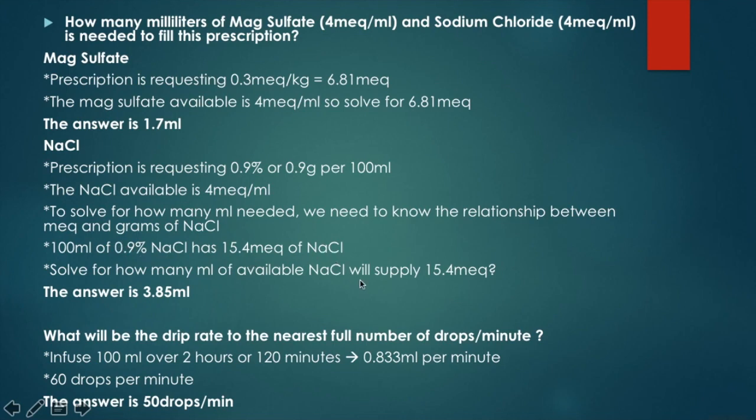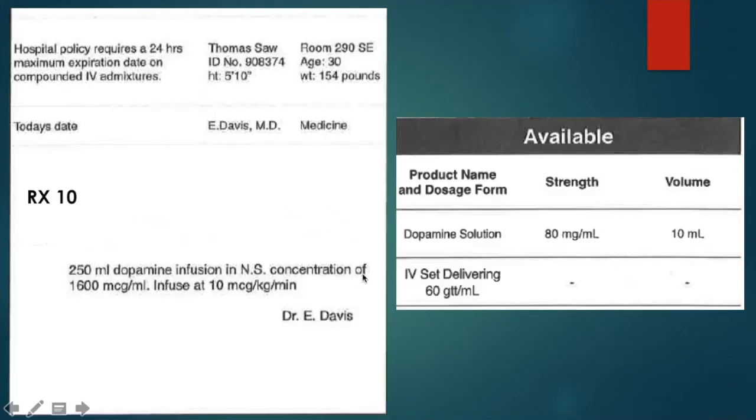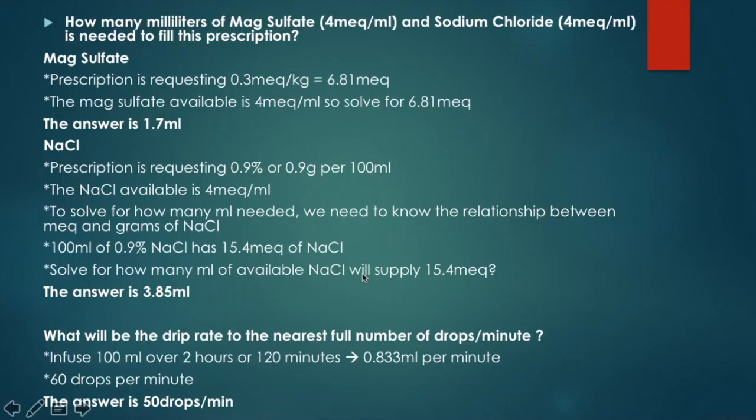And yes, you have to memorize this. There is a way you can actually solve for this. It's longer. If you want to keep things very simple, just memorize this. 15.4 MEQs in every 100 ml of normal saline. Solve for how many ml of available NaCl supply. 15.4 MEQs. Your answer is 3.85.